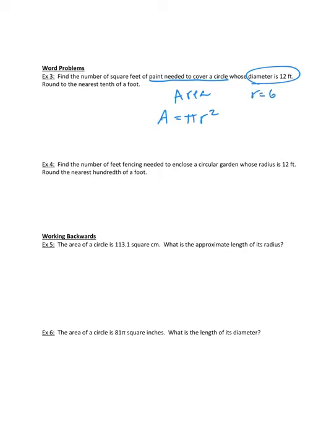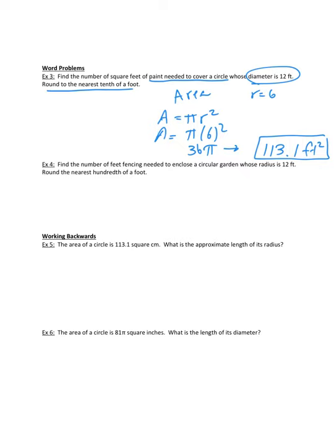My radius must be half of that, 6. Pi times 6 squared. And I want to round to the nearest foot. So I'm going to take 36 pi and put it in my calculator. So 36 times pi is going to give us 113.1, and this will be square feet because it's area.